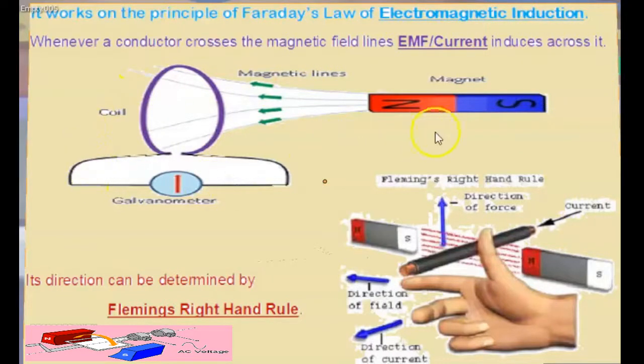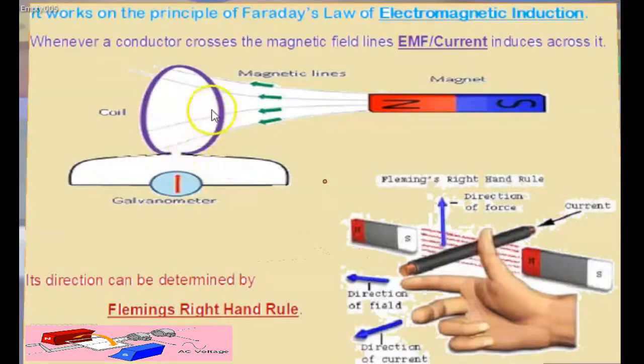In this figure also you can see if there is relative motion between this coil and the bar magnet, then due to that motion the number of field lines crossing this area of the coil would change. What does it mean?